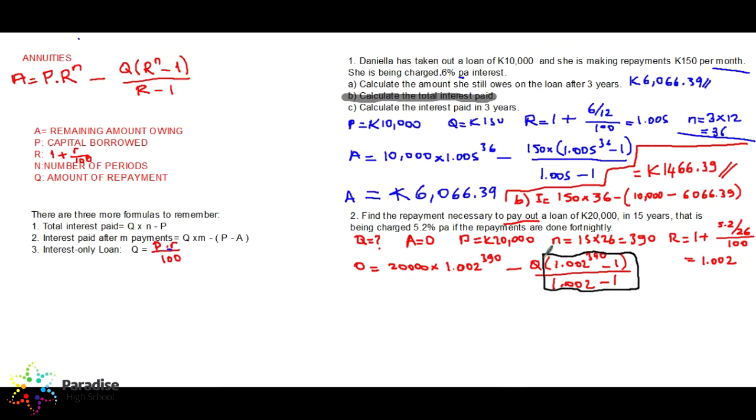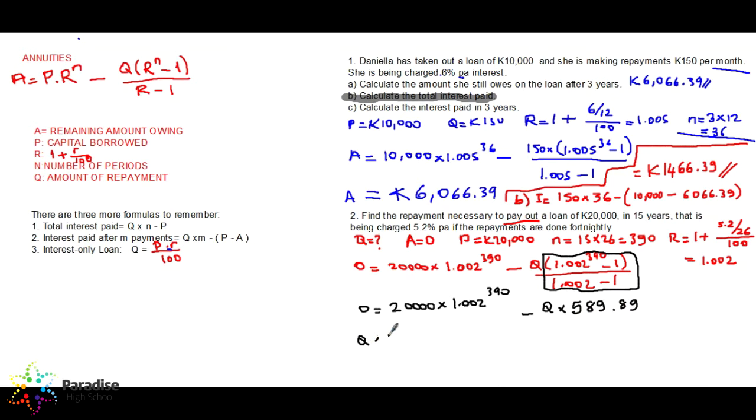So it's equal to 589. Let's rewrite our equation again. 0 is equal to 20,000 times 1.002 to the power of 390 minus Q times, let's round the number to 2 decimal places, 589.89.